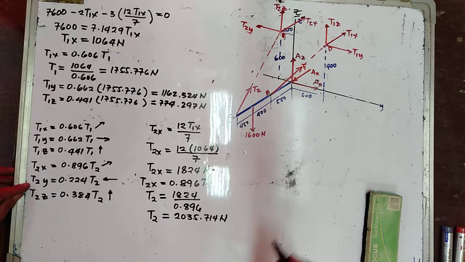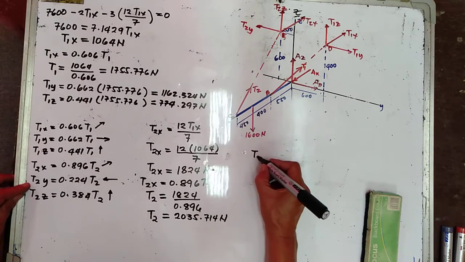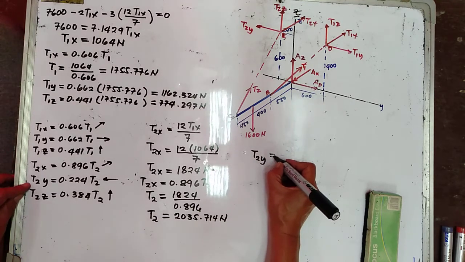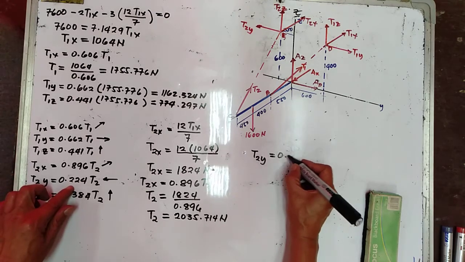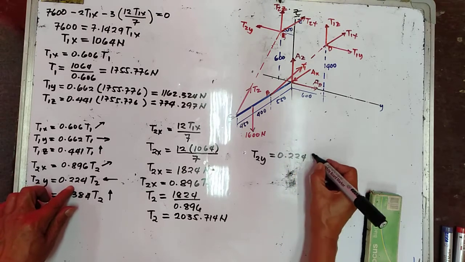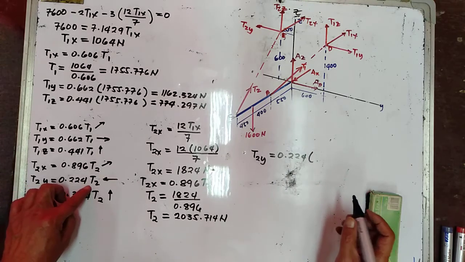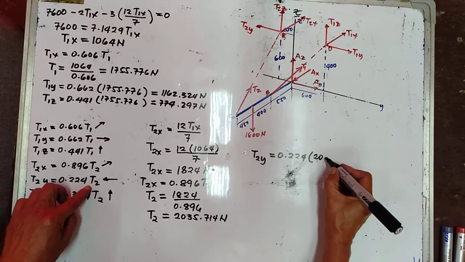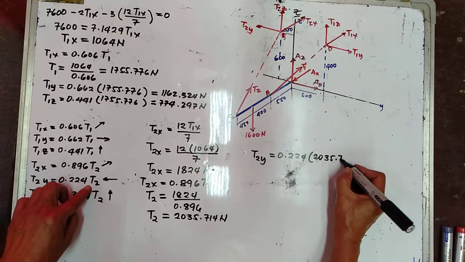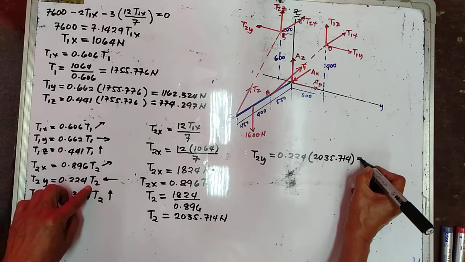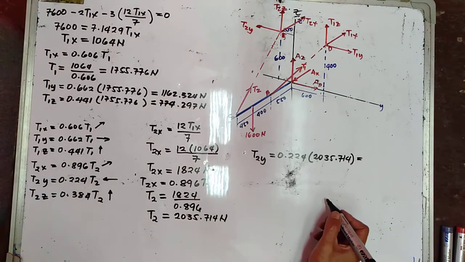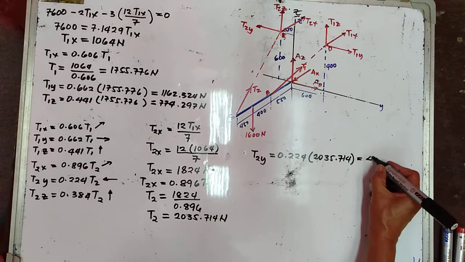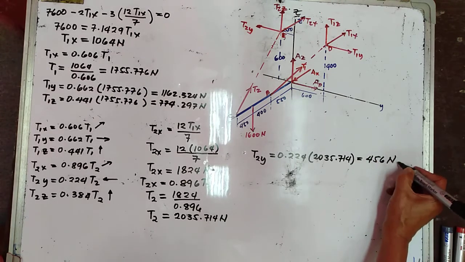Your T2y, therefore, is now equal to 0.224. Multiply this one by T2. So that is 2035.714. So we have your T2y, therefore, is equal to 456 newtons.